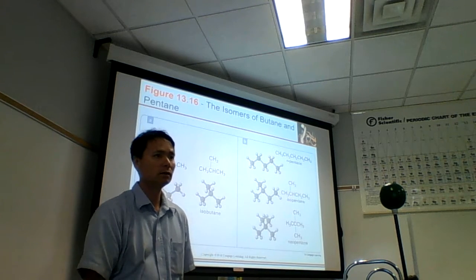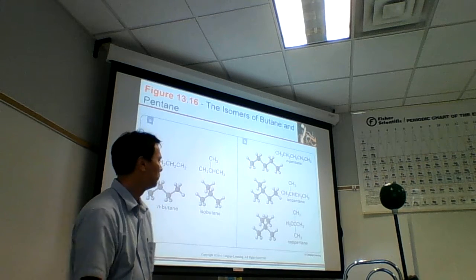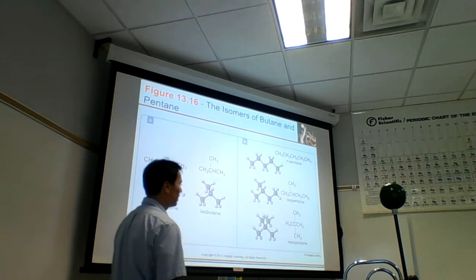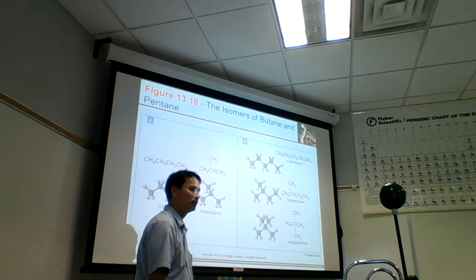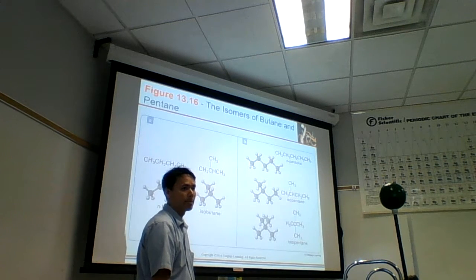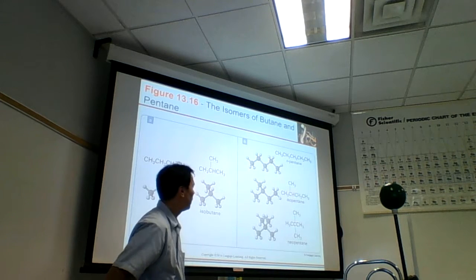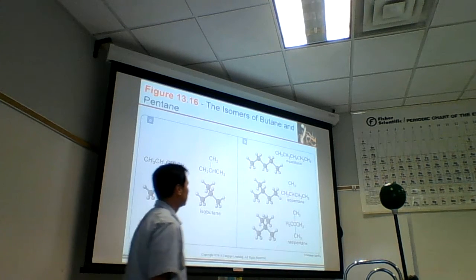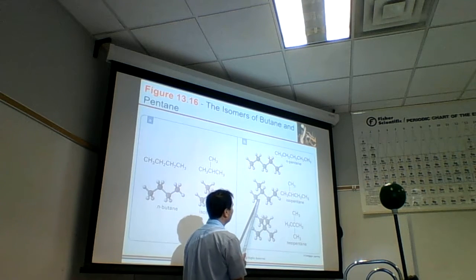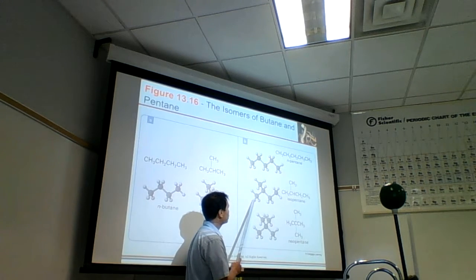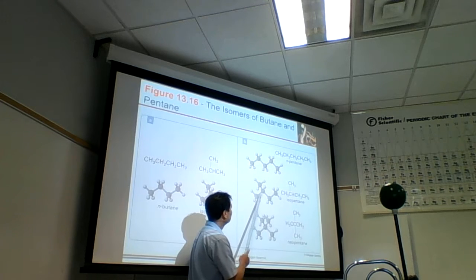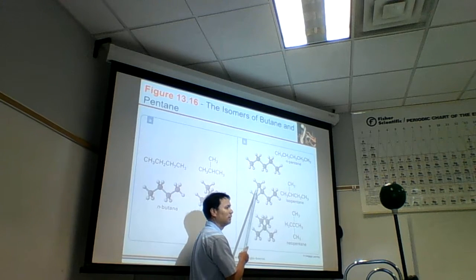So you read it from left to right? No. You read it from right to left or left to right or top down or bottom up. So how do you differentiate between, say, one at 2 or two at 2? Good question. Let's take a look at this one here. What's the longest chain? 4. 1, 2, 3, 4. So this is butane.